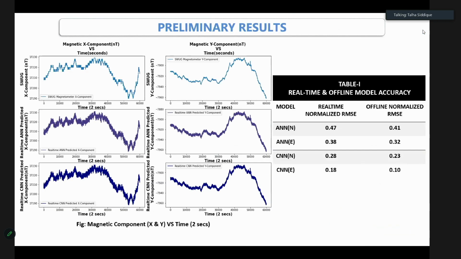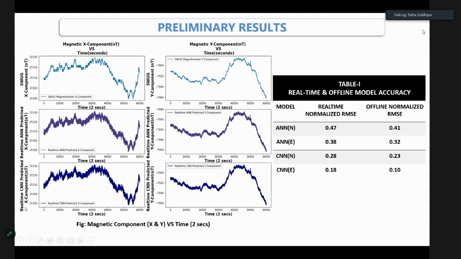On the graphs, on the very top row, we have the SWAG fluxgate magnetometer's X component and Y component baseline corrected values. On the second row, we have the real-time ANN predicted X component and the real-time ANN predicted Y component.